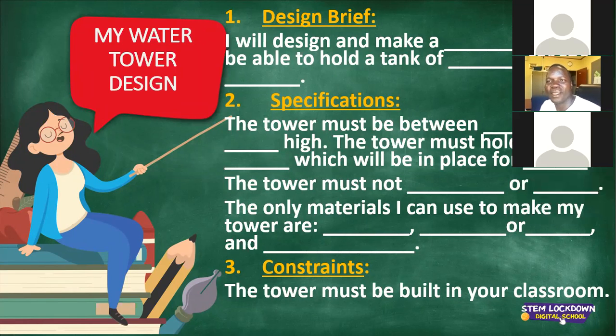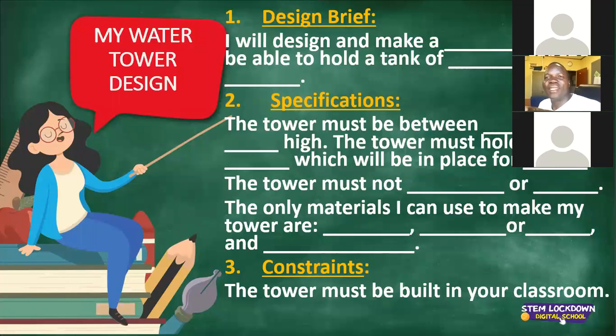Yes, correct. But remember, you are going to use the newspaper. Don't change that material. You are going to use the newspaper to build it, but it must not bend and it must not break. It must never lean downwards. It must never fall for that period of 10 seconds.